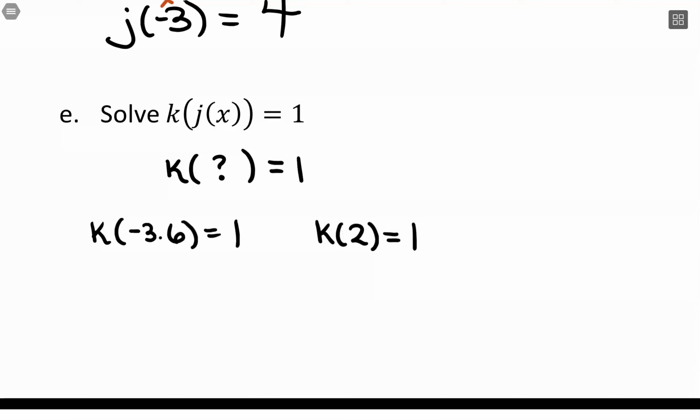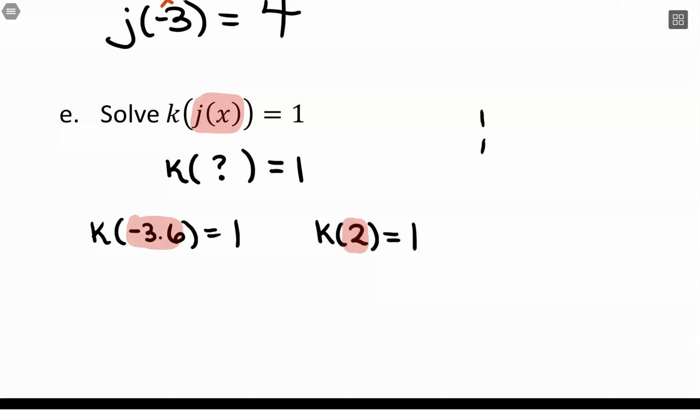So this gives us our first step to solving, but we're not done yet, because the x that we found here is what we plug in for k, but the x we really want to solve for is the one plugging into j. So our next step is to focus on the inside function and the fact that we want to replace j of x with this negative 3.6 and this positive 2.